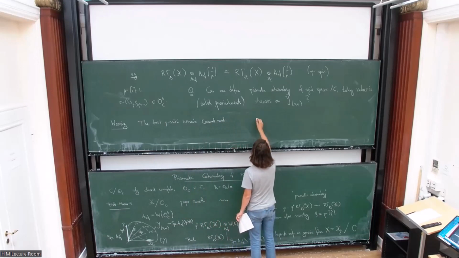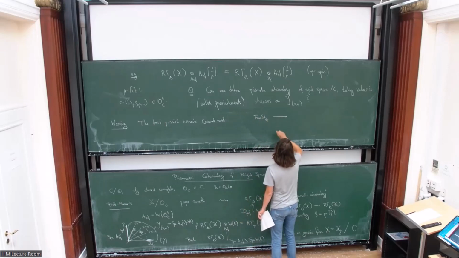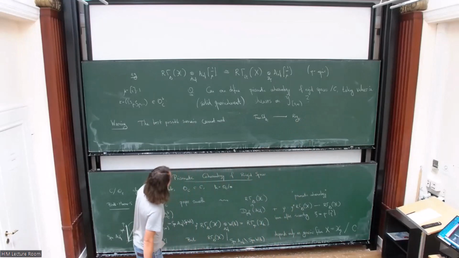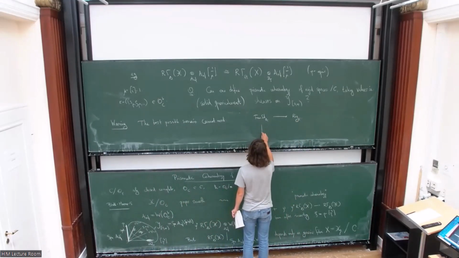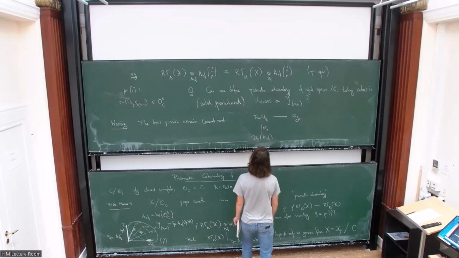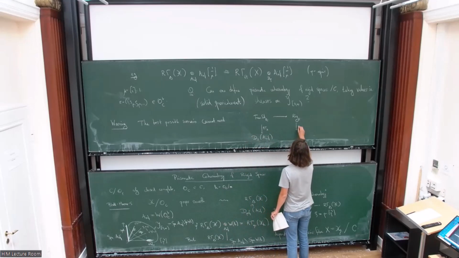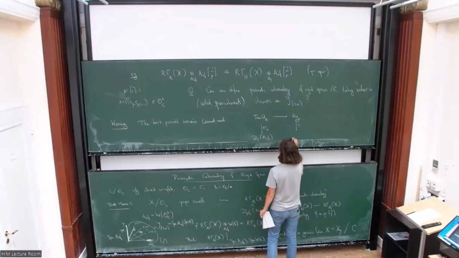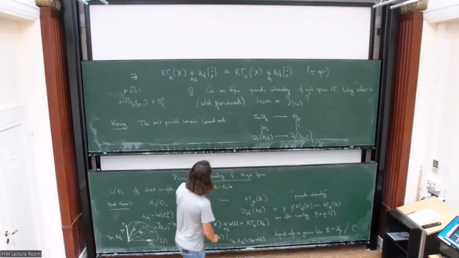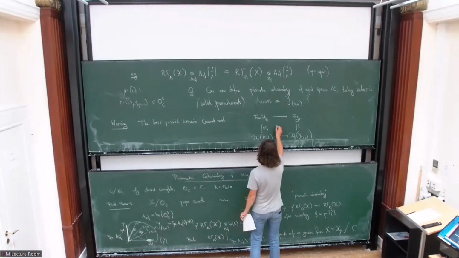The best possible scenario would be that you have some kind of formal scheme, then you have the rigid fiber, and then you should have some prismatic cohomology here that goes to some kind of solid module on Spec A_inf. Then you would like to maybe have some functor here that goes to solid modules on Y_{0,infinity}. And here you can also take the generic fiber. And so you would like such a diagram to commute.